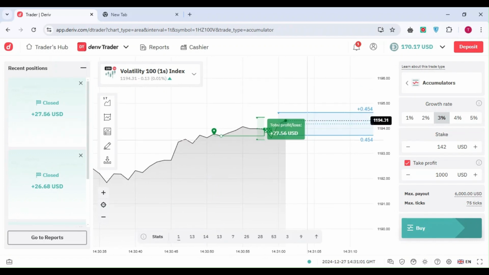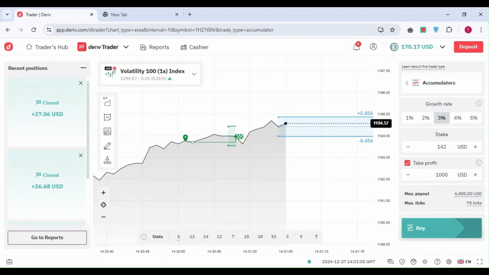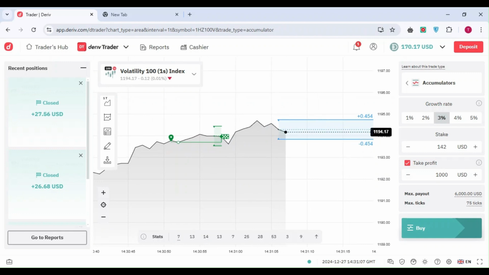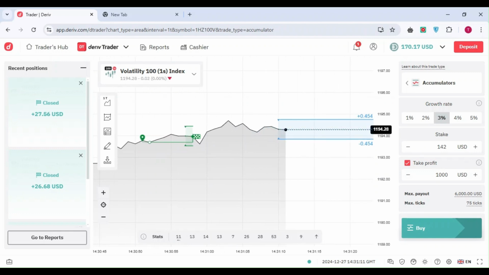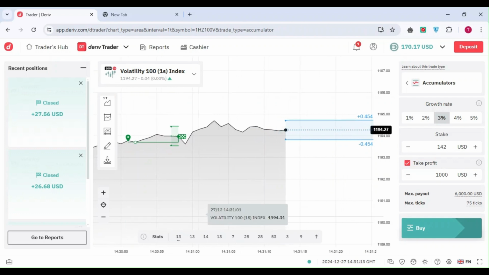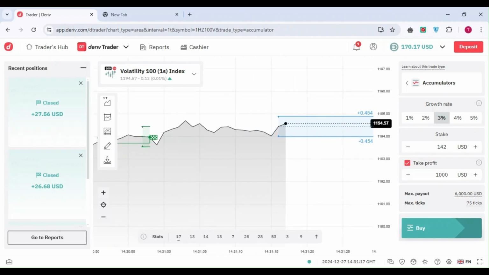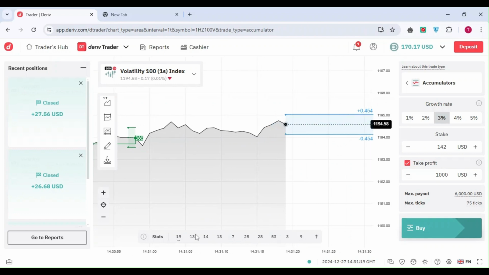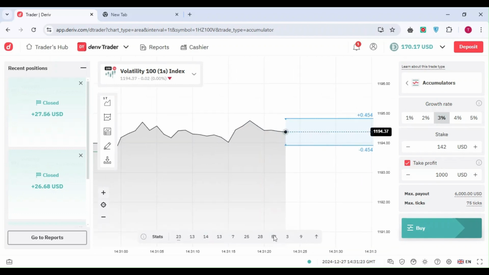So as you can see, it has breached and started again. Therefore, it's essential for you to understand that it's about reading the stats. That's why you're given a history here, so that you can have an average of the number of moves it takes for it to breach a given range. As you can see here, we have an average of around 5 to 7, and even higher, maybe even 10 ticks on average.